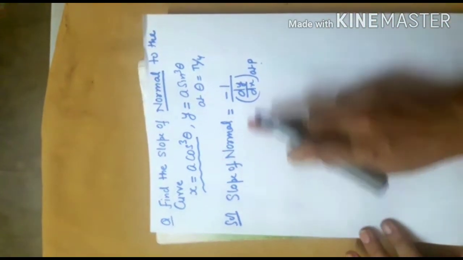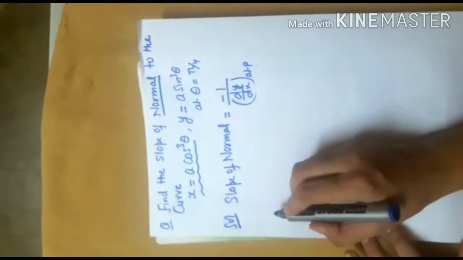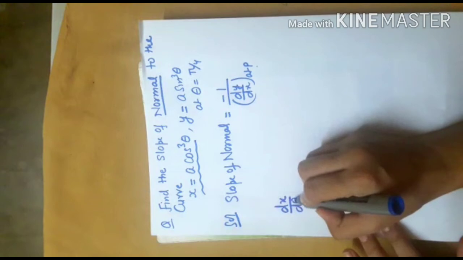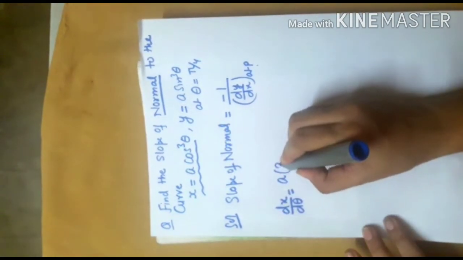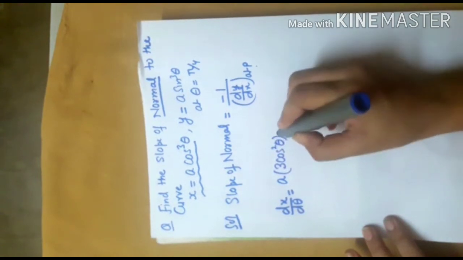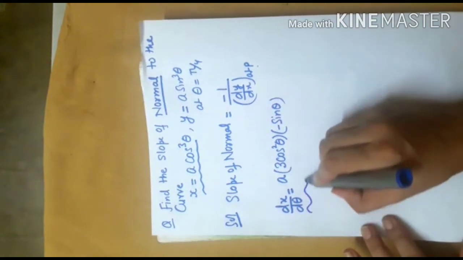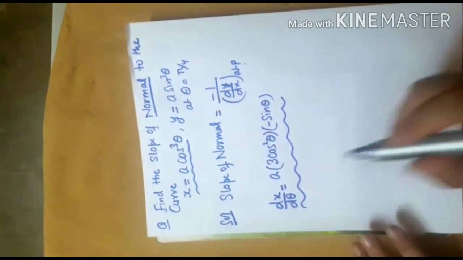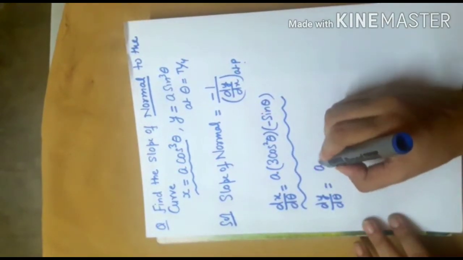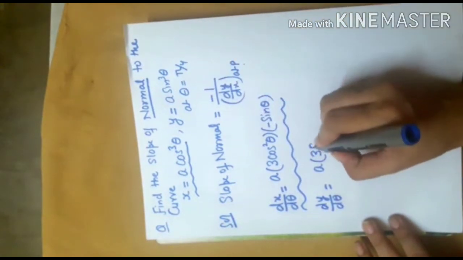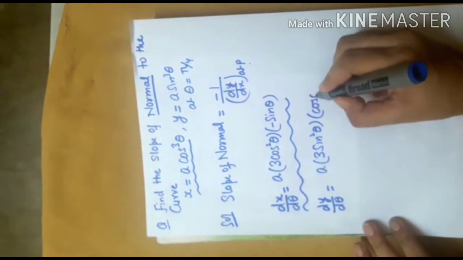So in order to find out dy by dx, I differentiate x with respect to theta. So dx by d theta will be a, first handle the power, 3 cos square theta. By chain rule, derivative of cos theta is minus sin theta. Similarly, dy by d theta will be a, handle the power first, 3 sin square theta. By chain rule, derivative of sin theta is cos theta.